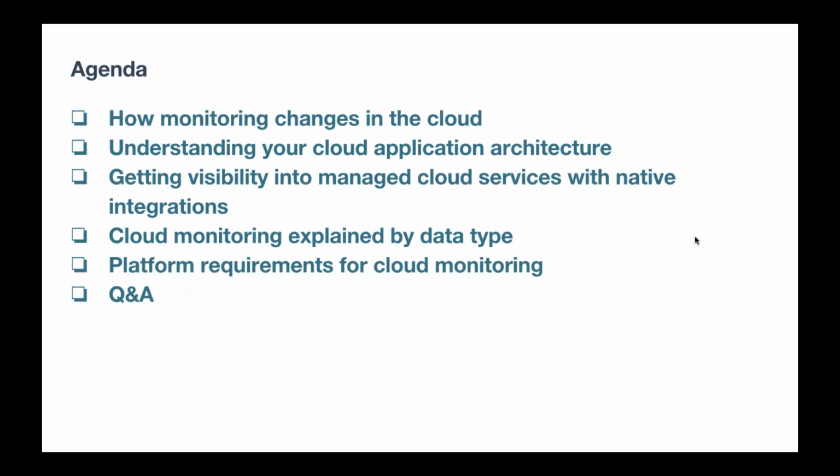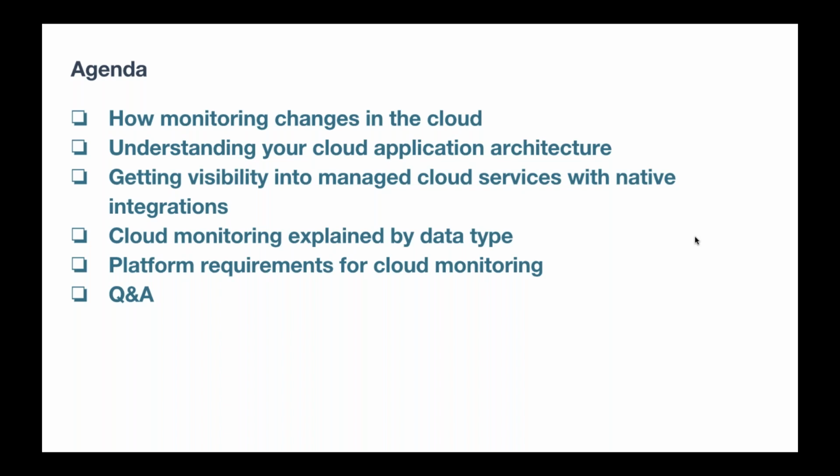All right, so thanks, Jackson. So here's a brief agenda about what we're going to talk about today. We're going to touch on 6 points here. We're going to start looking into how we're monitoring the changes in the cloud.